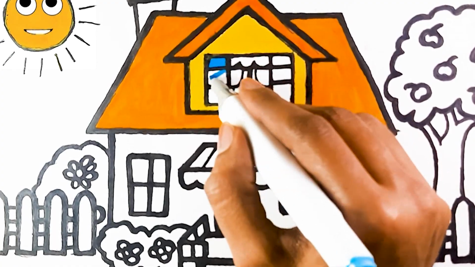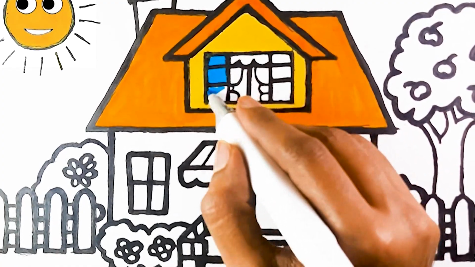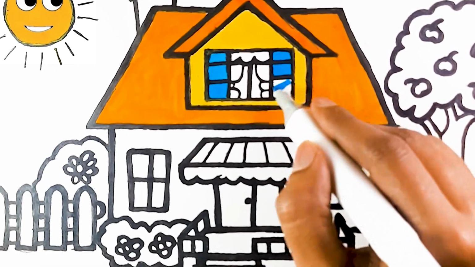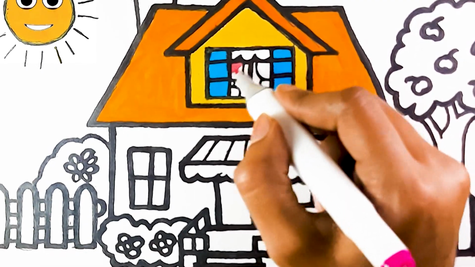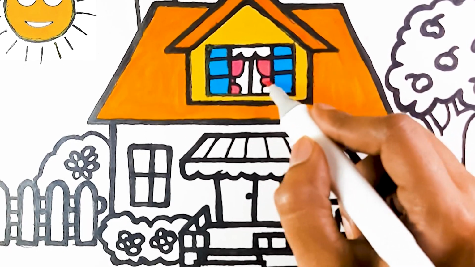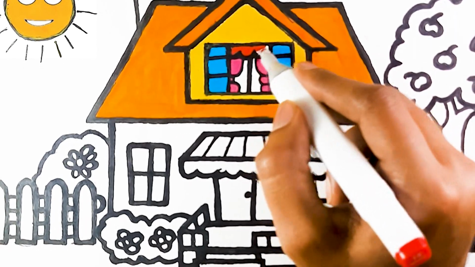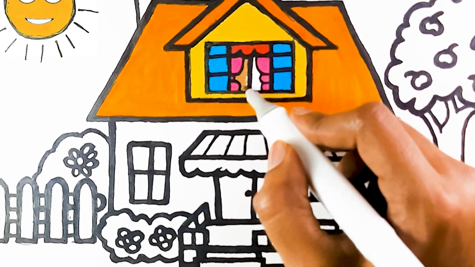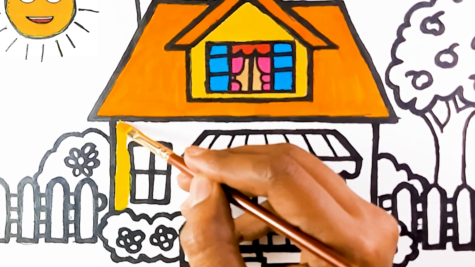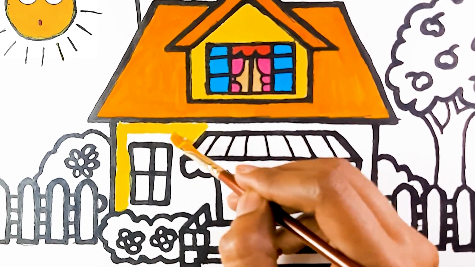I am using blue color in the glass. The curtain is in pink color. And I am using yellow color at the bottom of the house.